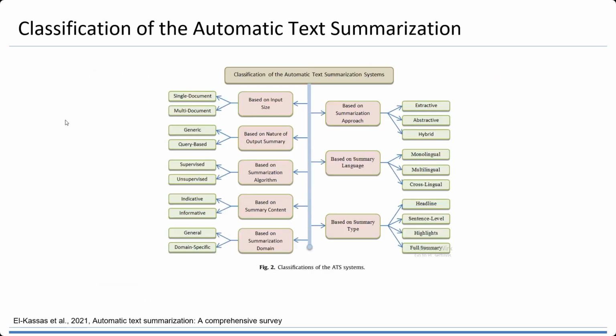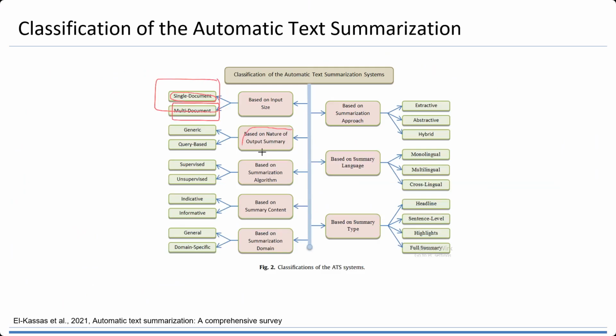So this is one of the research about text summarization. If you have interest in this topic, or in this domain, you can check. Based on the input, we can have a type of document, whether it is a single document or multiple documents.